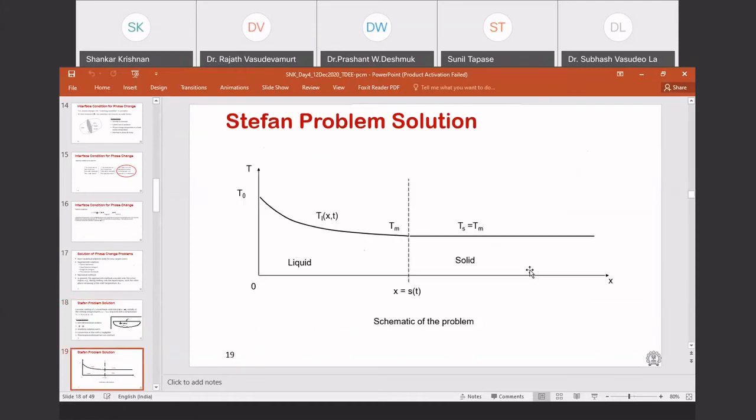And making some other simplifying approximations, because this is a semi-infinite medium, we can treat it as a one-dimensional heat flow problem. So once you heat it, call it TH here and T0 here.